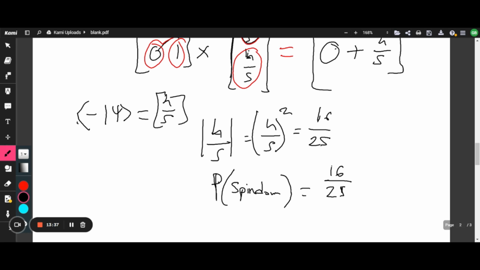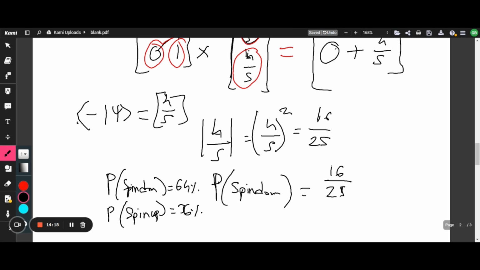So to calculate the percentage, we have 64% as the probability of finding a particle spin down in this situation. So we can rewrite this as spin down 64%, which must mean that the probability of finding a particle spin up is 36%. And here you can see that the probability of finding a particle spin down is higher than finding it spin up.